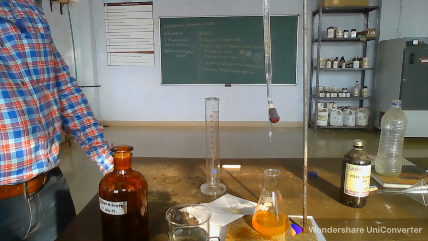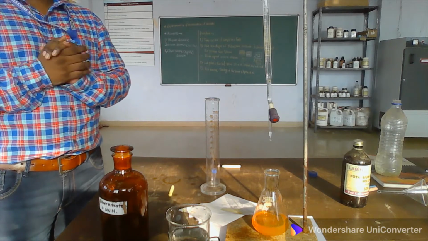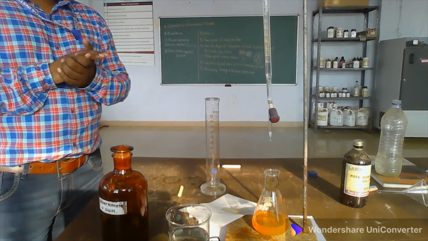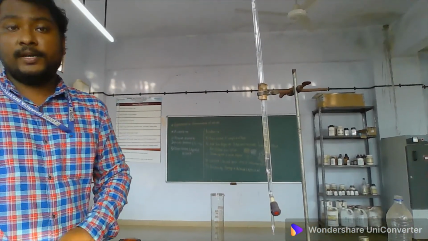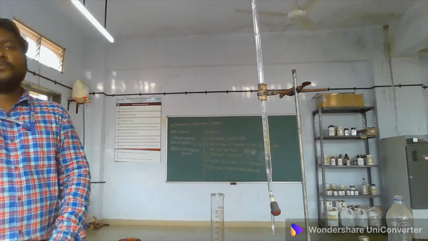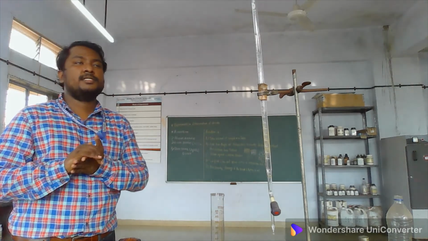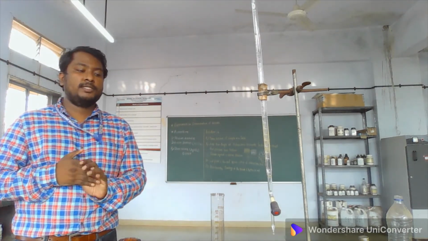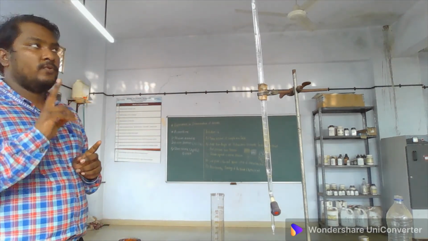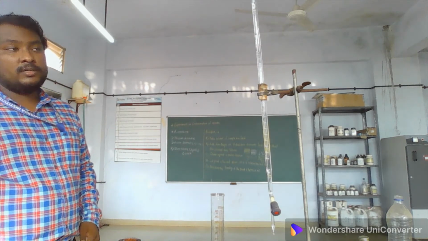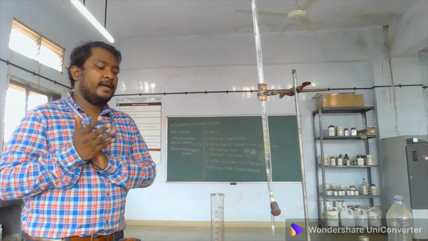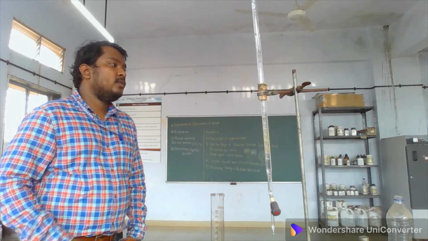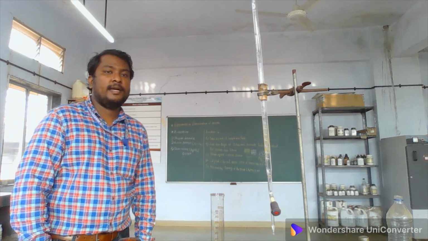That is the volume of titrant consumed for the biofilter sample that I have taken from the biofilter at the back side of your hostel. Two samples we have taken: for tap water we got 1.6 ml end point reading, and in this case we have got 1.9 ml as the end point.